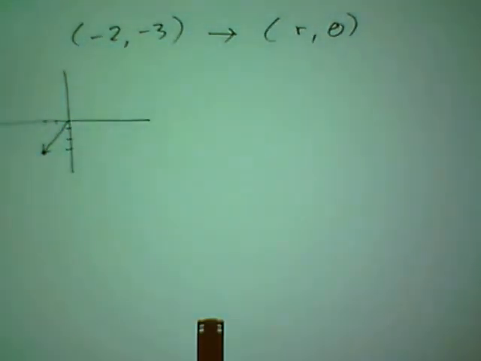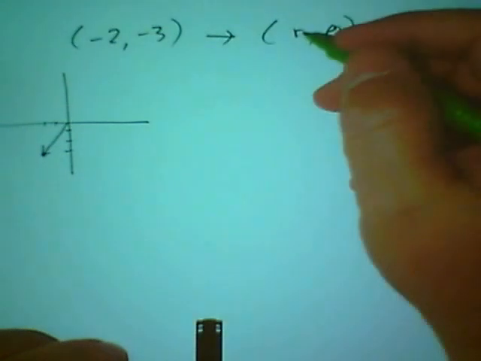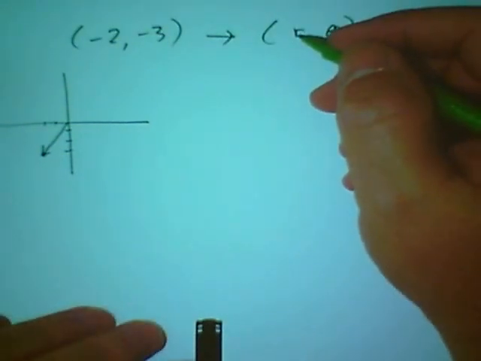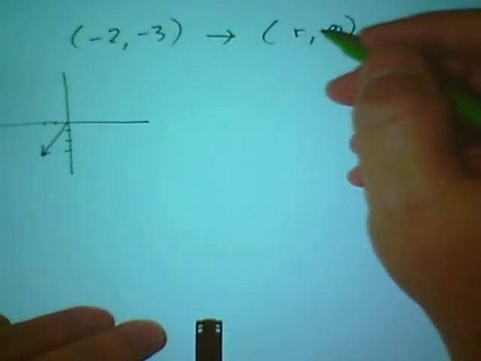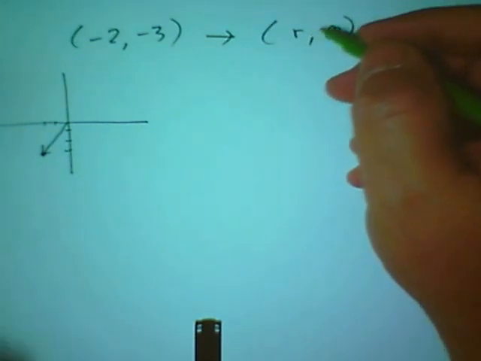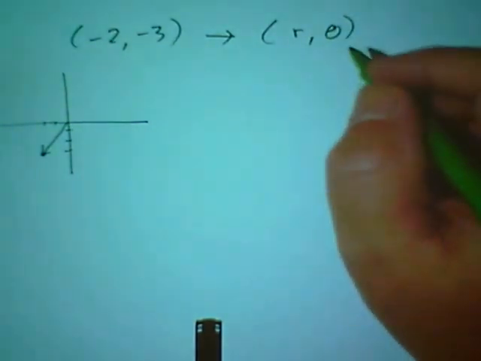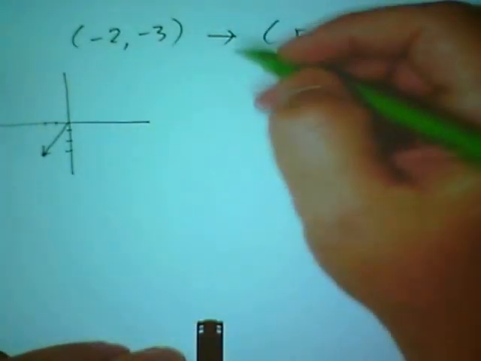Looks something like this, except now I want to express this in terms of polar coordinates, r and theta. Once again, we have some formulas, and you're going to see these are very similar to formulas we used when we were doing math with vectors.